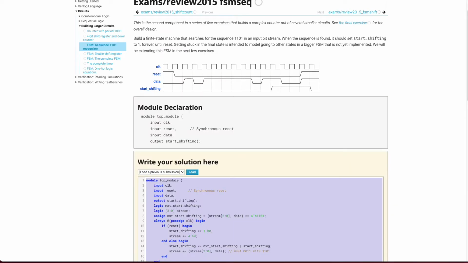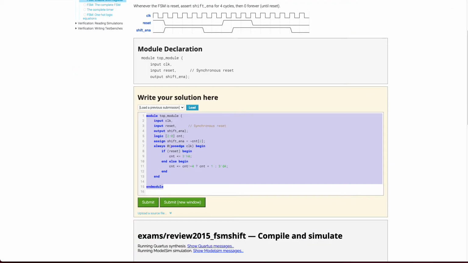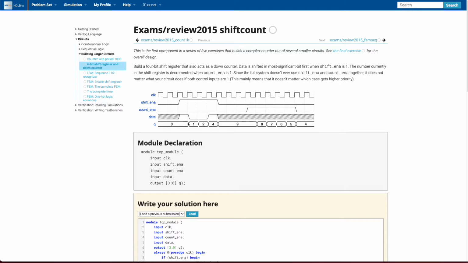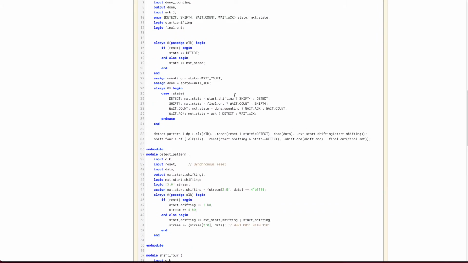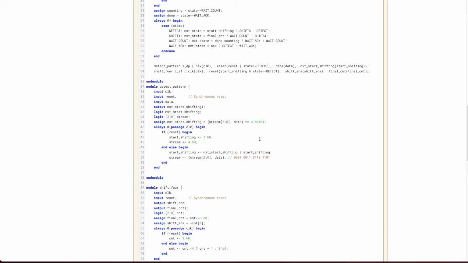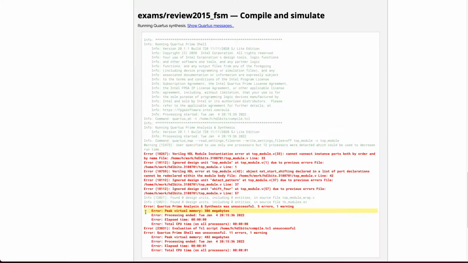Let's see. Well, this part hasn't been weaved in yet. Line 33. One, two, three, four, and then here's 1, 2, 3, 4. Let's try again.